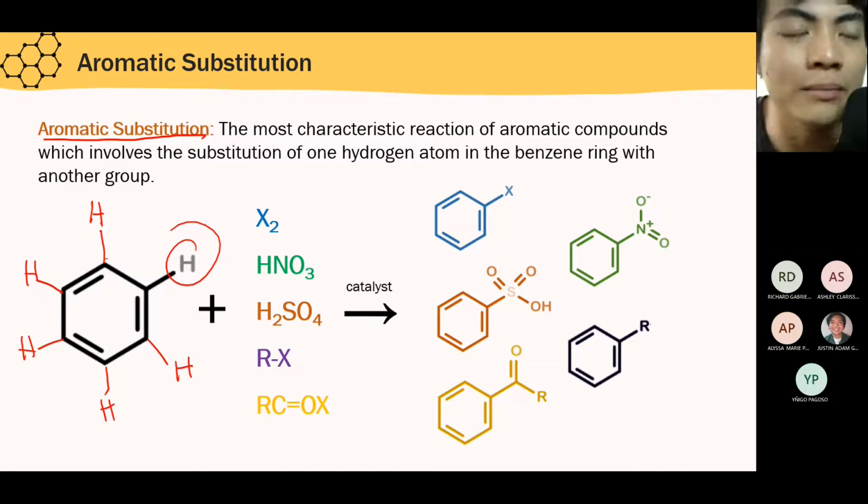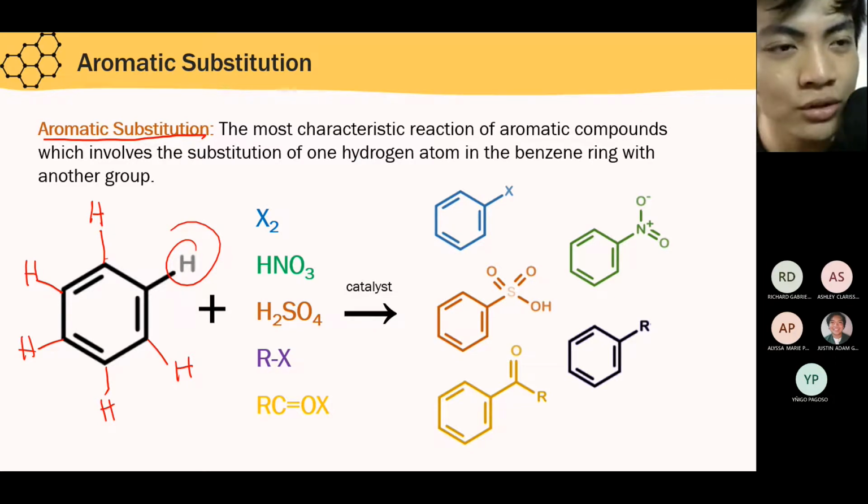Again, bakit bawal addition reaction like alkene? Bawal kasi masisira yung aromaticity. Pag nasira yung aromaticity, medyo unstable yung molecule. Although possible, as much as possible, we don't want that to happen. So pwede pero ayaw natin mangyari yon.